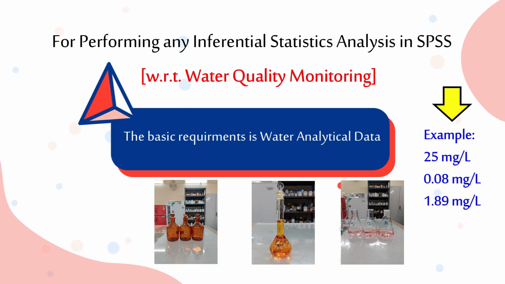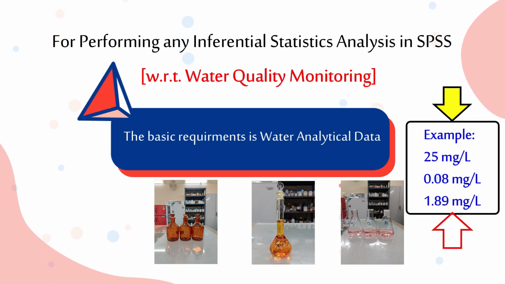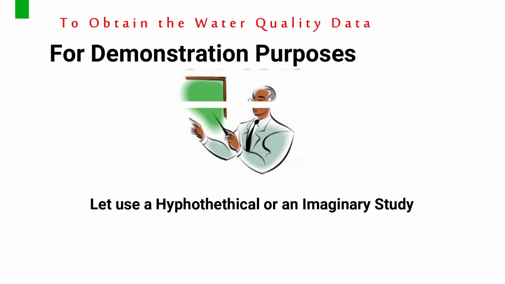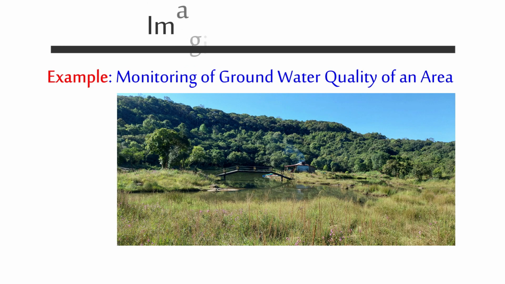So in order to obtain this data, for smooth explanation and understanding, let us use a hypothetical or an imaginary study. Let us assume that I am interested in monitoring the quality of groundwater found in a selected study area.